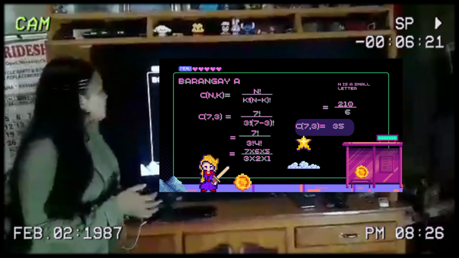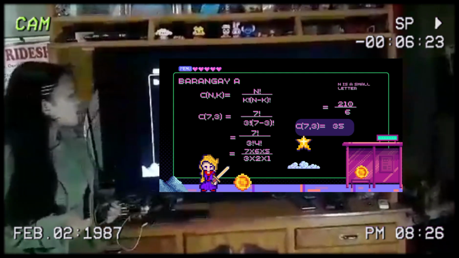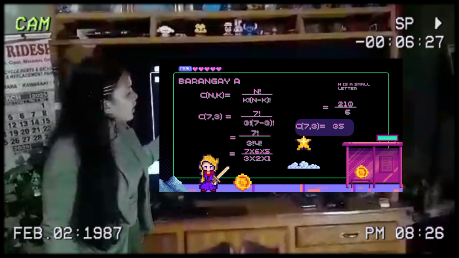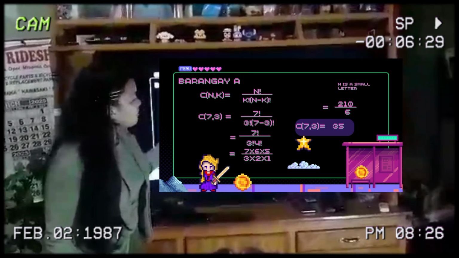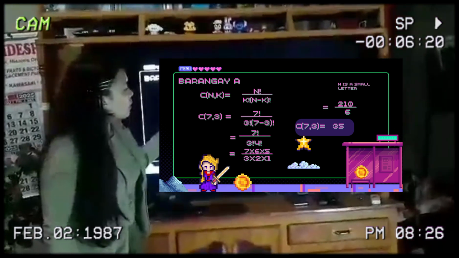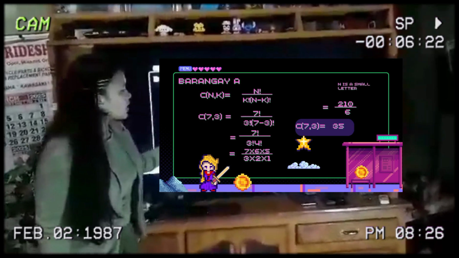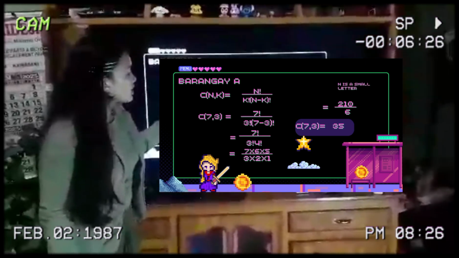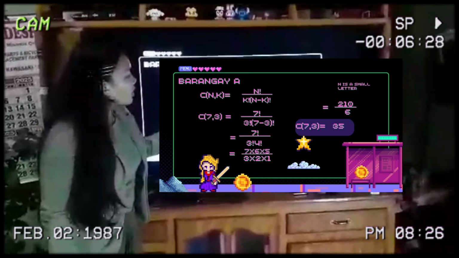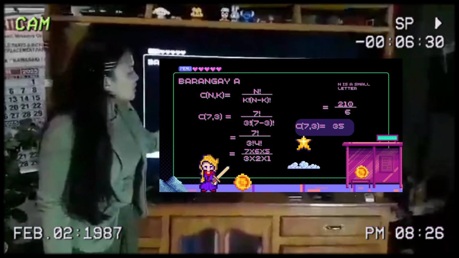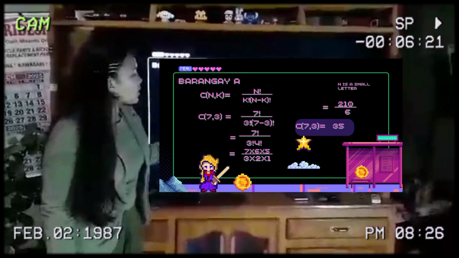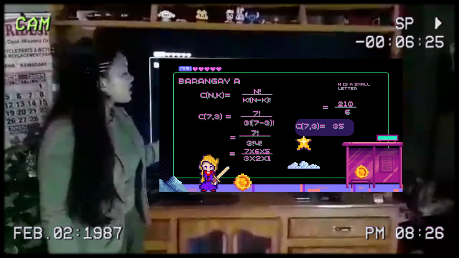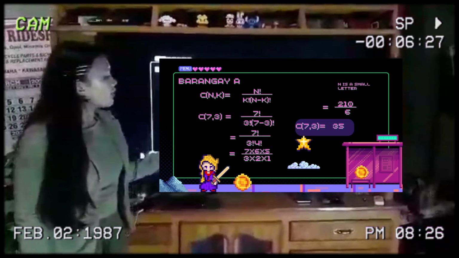So, C of 7 and 3 is equal to 7 factorial over 3 factorial and 7 minus 3 factorial. We copy the 7 factorial and 3 factorial. Then 7 minus 3 factorial is equal to 4 factorial. So, 7 factorial over 3 factorial and 4 factorial.